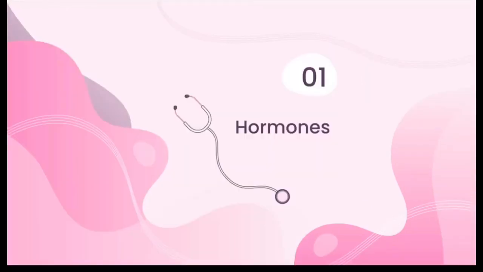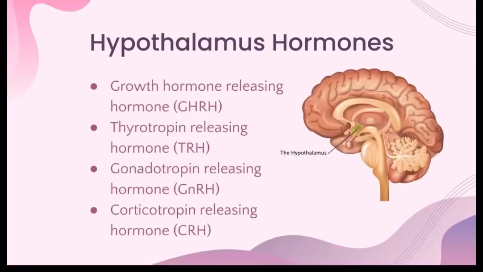So first off, we're starting off with hormones. First we're going to talk about hormones from the hypothalamus, and that includes growth hormone releasing hormone, which regulates growth hormone release, the thyrotropin releasing hormone, which regulates thyroid stimulating hormone release, the gonadotropin releasing hormone, which regulates the luteinizing hormone and follicle stimulating hormone production.